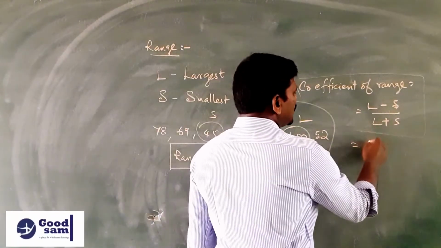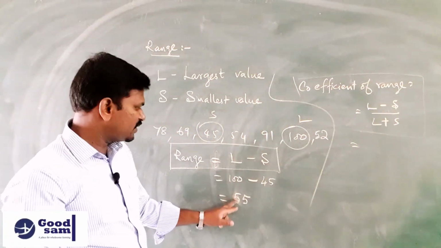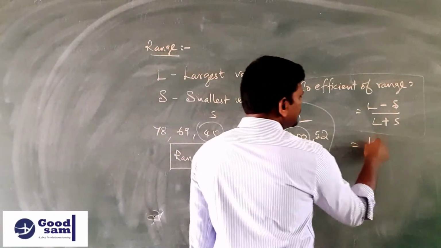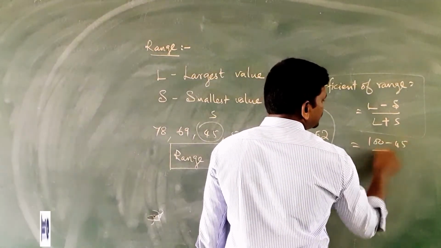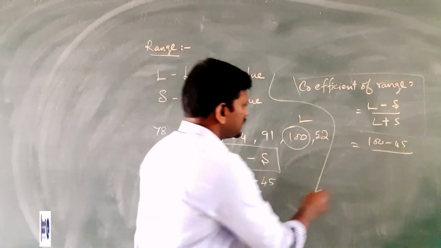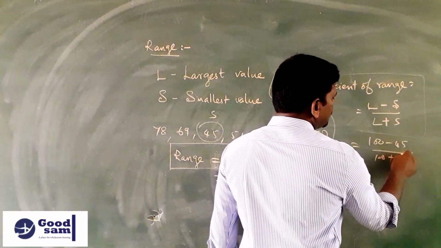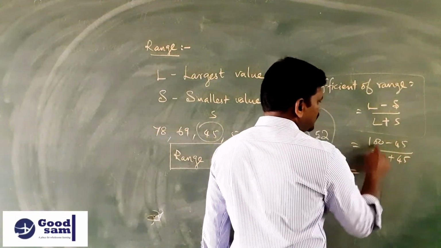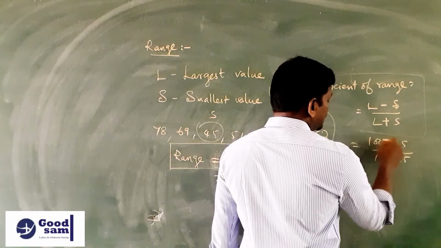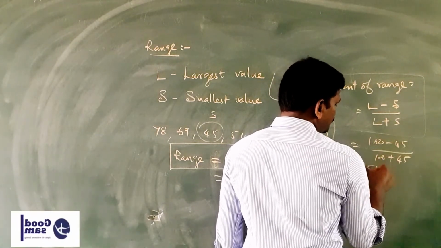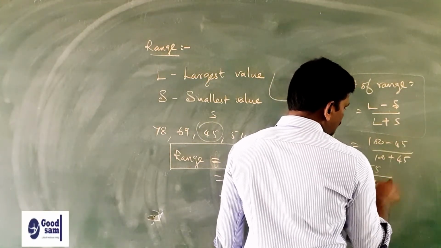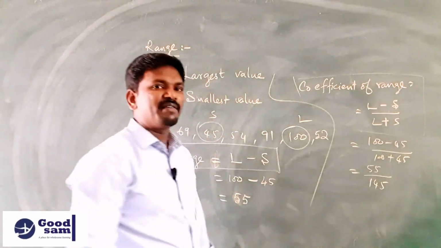Okay, so L minus S we have already found. L minus S is 100 minus 45, then L plus S is 100 plus 45, 100 minus 45 is 55, and the sum is 145. Then we have to divide.